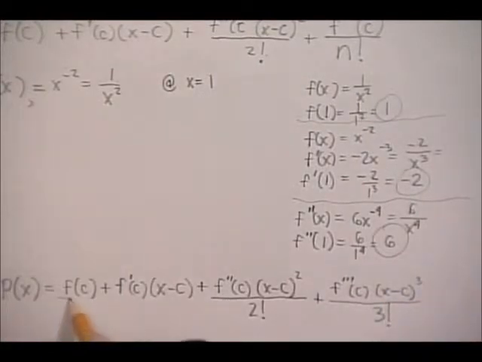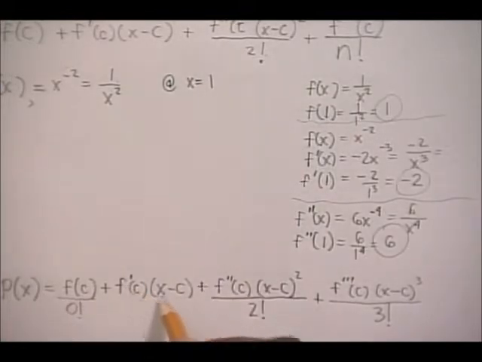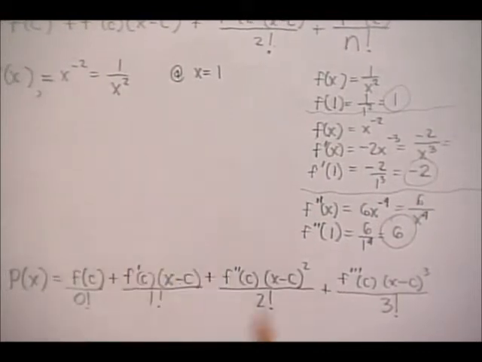This is f of c times x minus c to the 0 power over 0 factorial. This is f prime sub c times x minus c to the 1 power over 1 factorial. And again, you could have an infinite number of these terms, depending on how accurate you want this approximation to be of your original function.